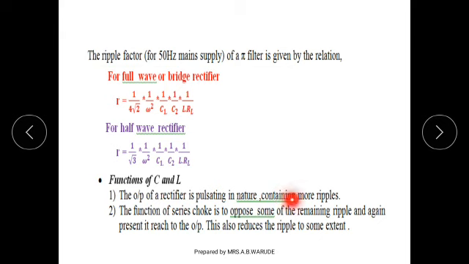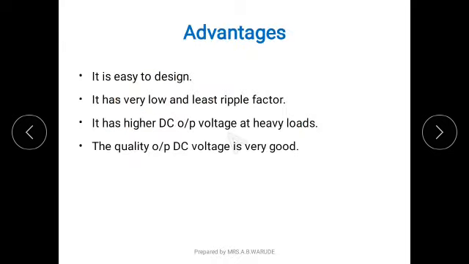The function of the series choke is to oppose some of the remaining ripple from reaching the output, and this also reduces the ripple to some extent. That means if we use the capacitor and inductor in this filter, the ripple is reduced to some extent.